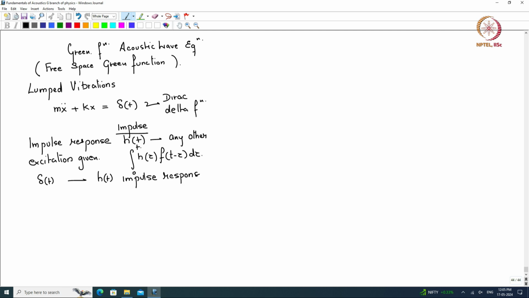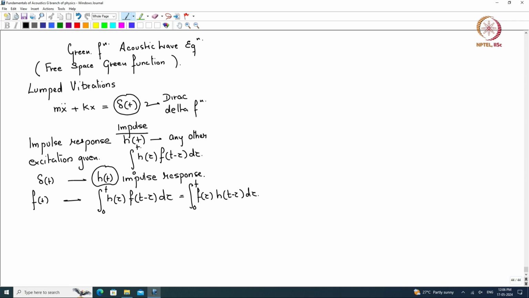And what is the use of the impulse response? If the system is subjected to f of t, the response is the integral from 0 to t of h of tau f of t minus tau d tau, or the other way also, f of tau h of t minus tau d tau. So that is what an impulse input and an impulse response are.